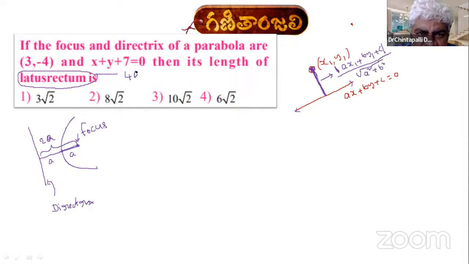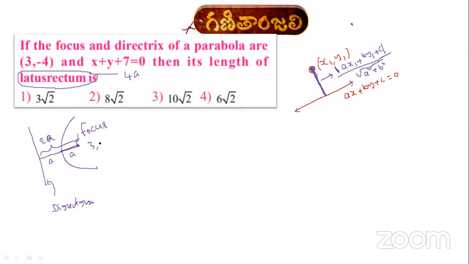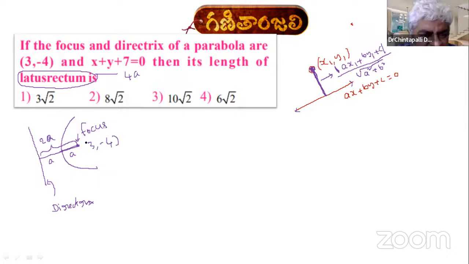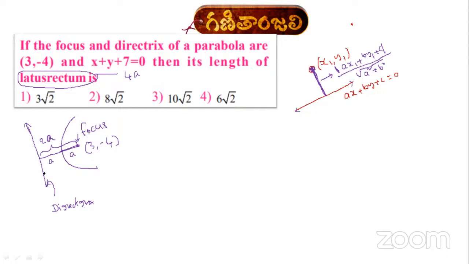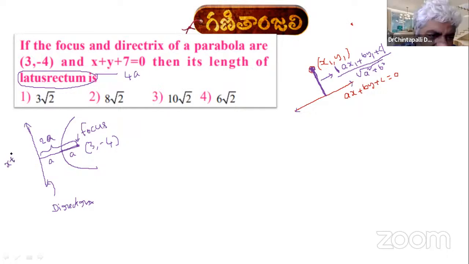But if we find the distance from the focus, coordinates are given as 3, minus 4. And the equation of the directrix is x plus y plus 7 is equal to 0.